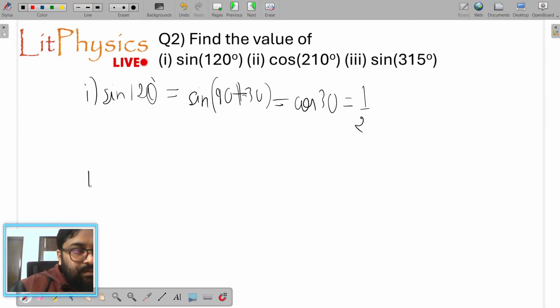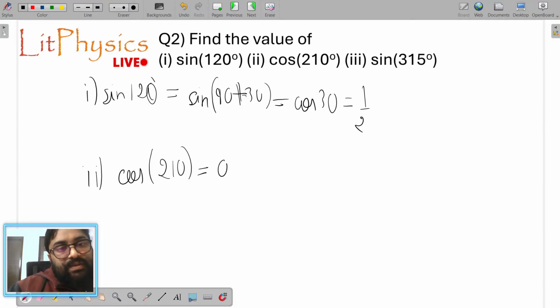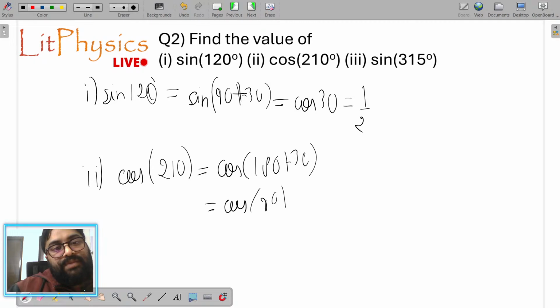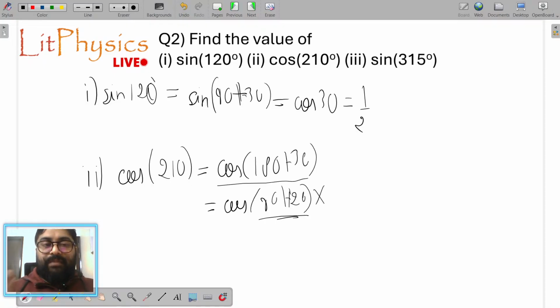Second, we are going to move quickly. Cos 210. We can do two things: we can do 180 plus 30, or we can do cos of 90 plus 120, but this needs further steps, so let's avoid this one. So cos of 180 plus 30, 180 plus theta.